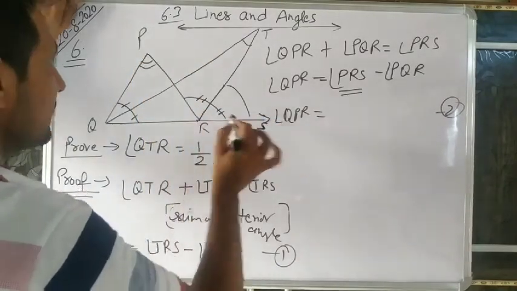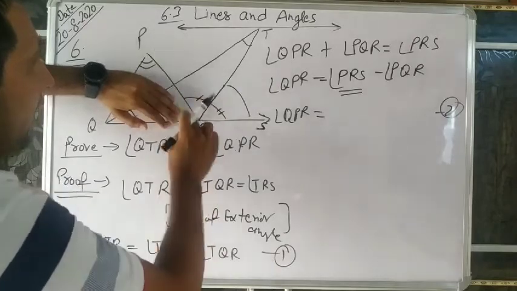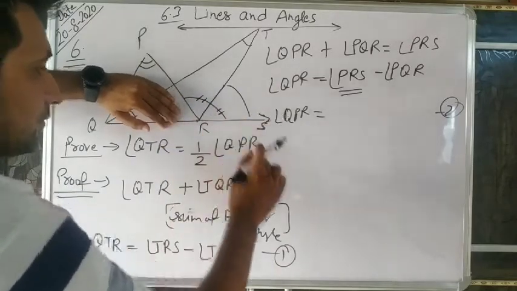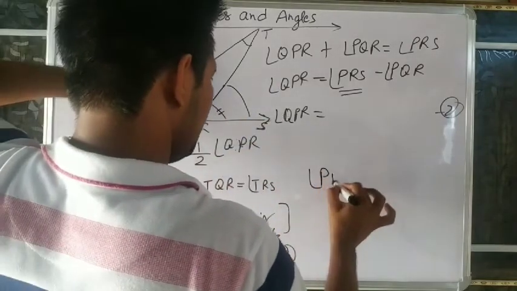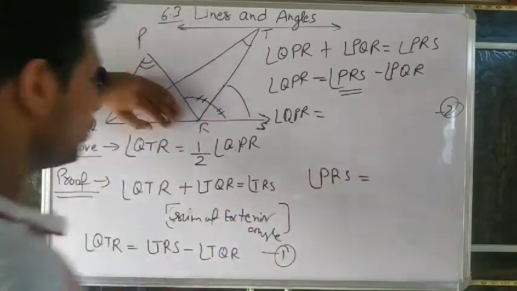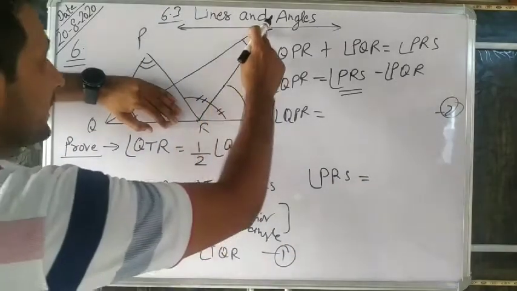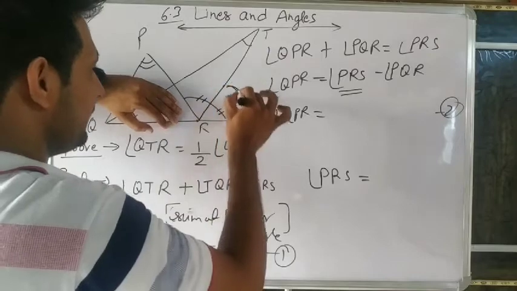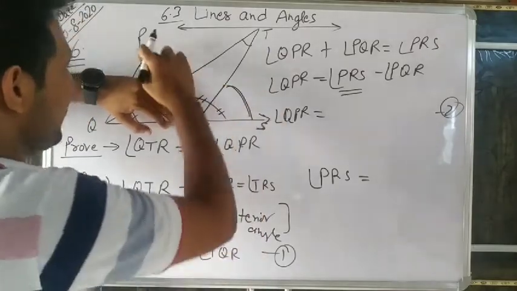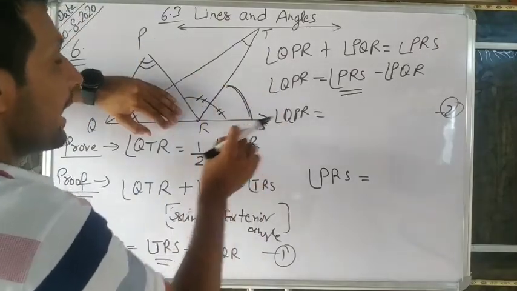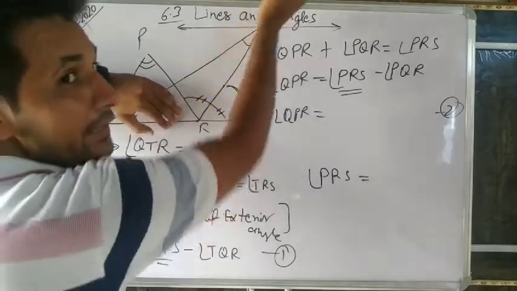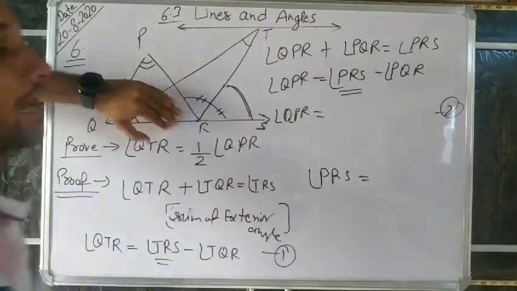So next, PRS: we want to change the total angle PRS into TRS, and we know RT is a bisector line.